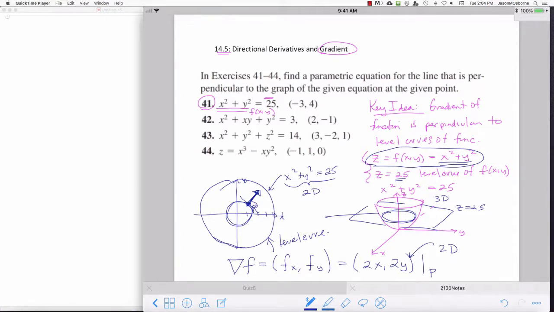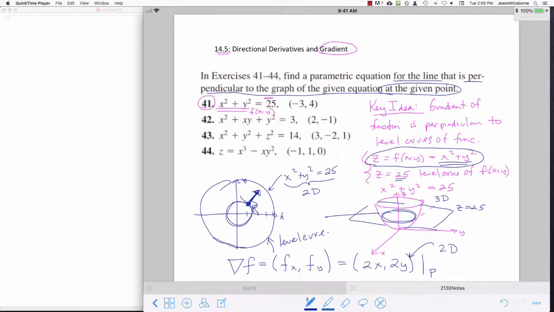Okay? But what we're being asked to do in this problem is to find the parametric form for the equation of the line that is perpendicular to the graph at the given point. Okay, so one way to read this problem, let me get a sheet of paper so I can write down what we've written and then move to the next page.